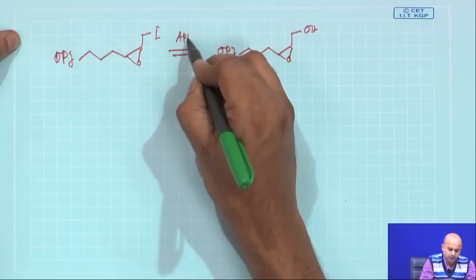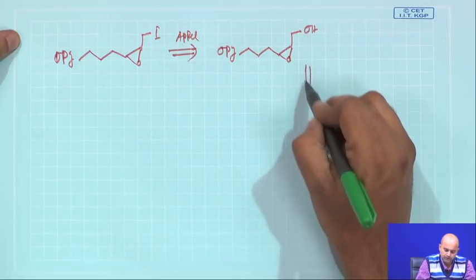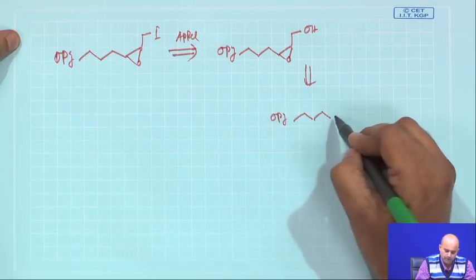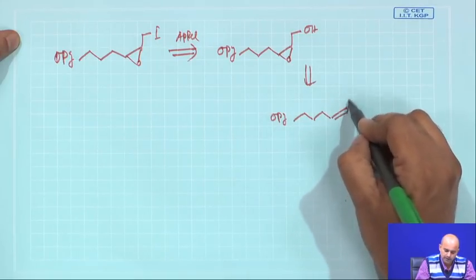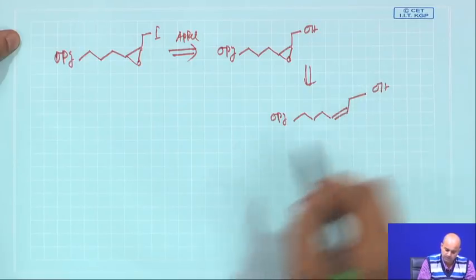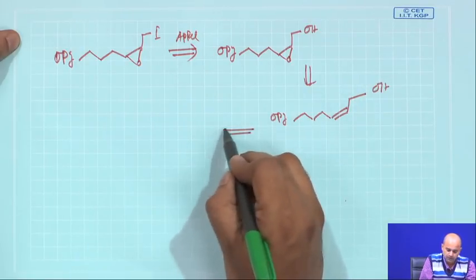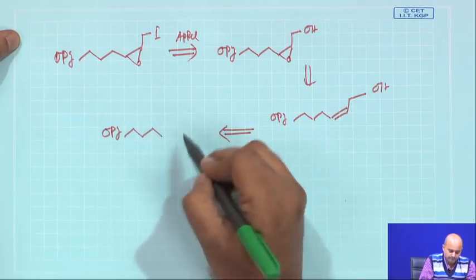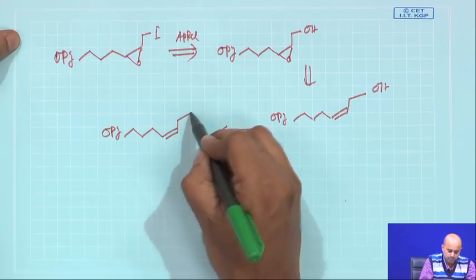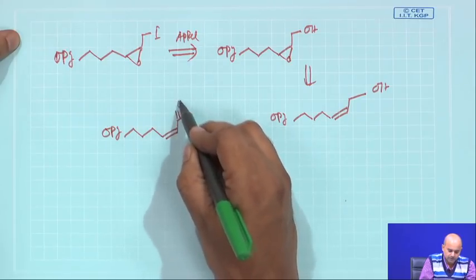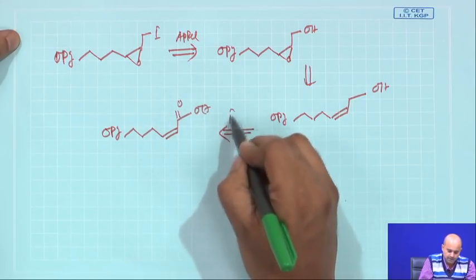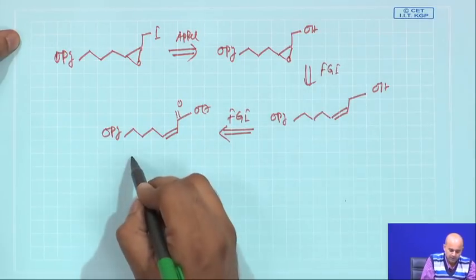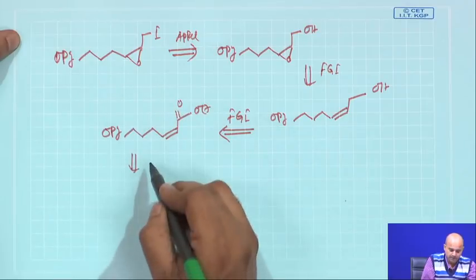This epoxy compound you can make if you have a suitable allylic alcohol. This allylic alcohol we have just prepared, if you have the corresponding ester, through a DIBAL mediated FGI. So, this is also an FGI. Now, see, this one we just need from 1,5-pentanediol.